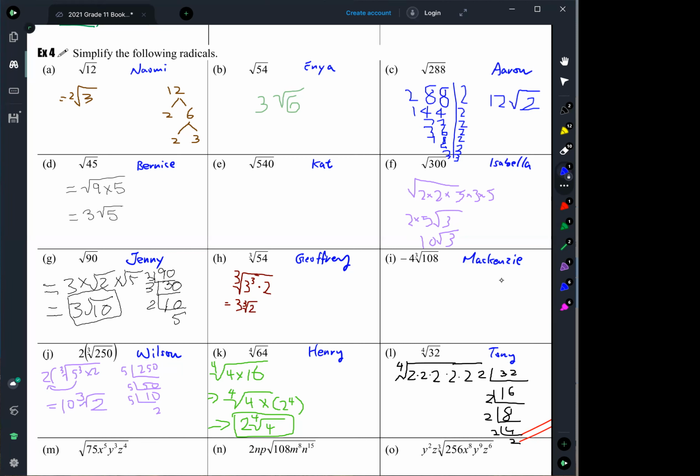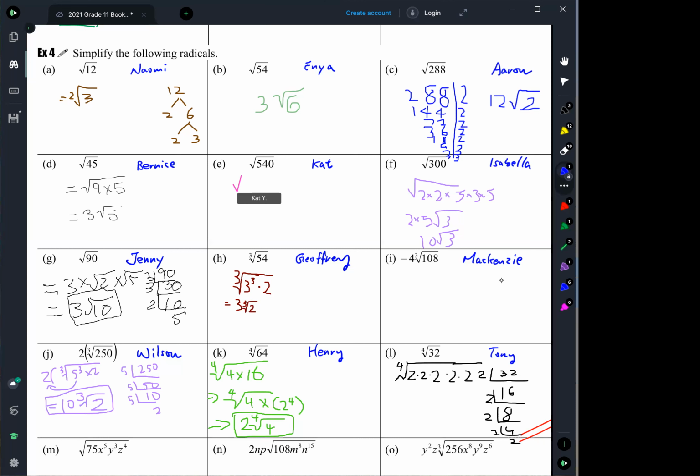Tony, I'm a bit confused. What do I do on L? Okay, because it's a fourth root, you need 4 of the same number as one group to go out.